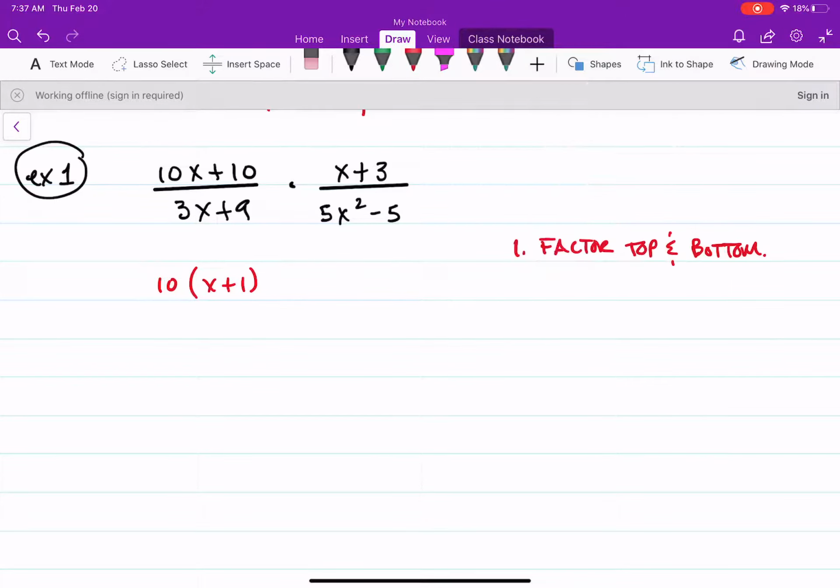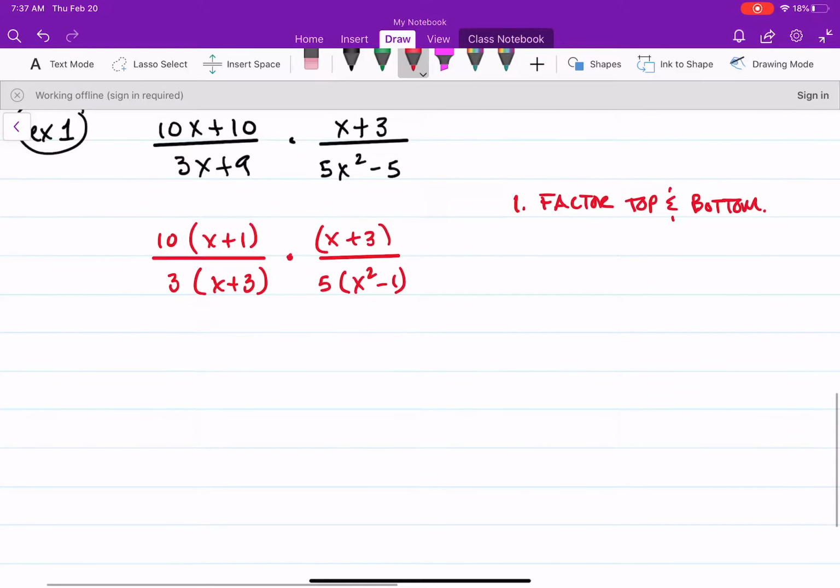The bottom is going to be GCF of 3, leaving me with x plus 3 times x plus 3, and I would recommend that you put parentheses around these binomials, just so we know it is one whole thing. And then we have a GCF of 5, leaving x squared minus 1.